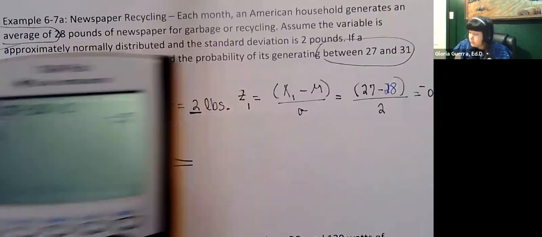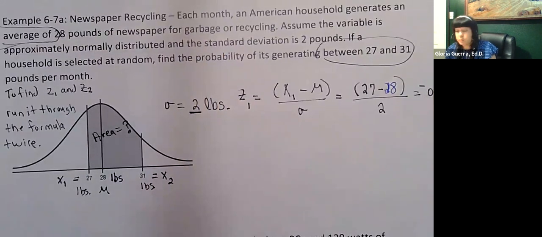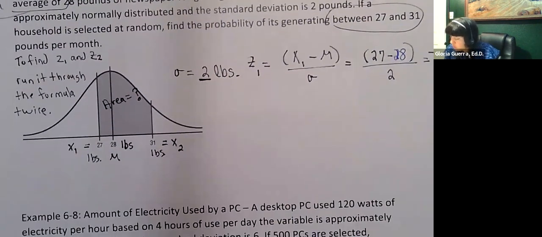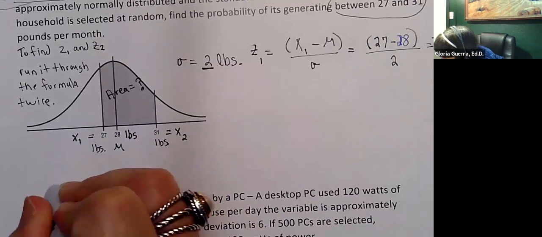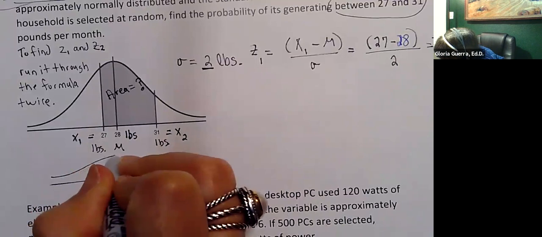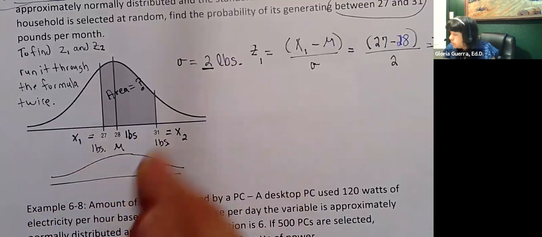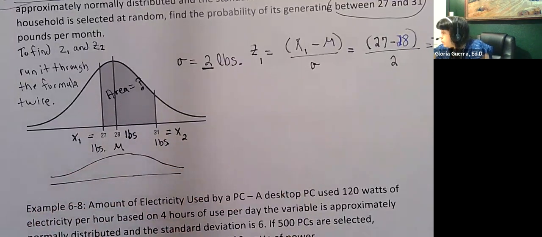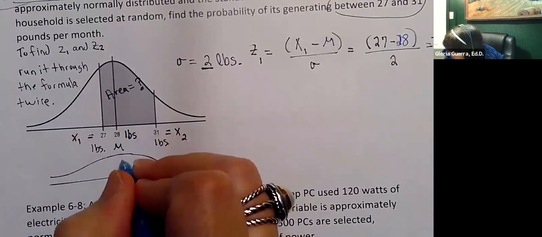And so I'm going to draw a new picture. You see how they didn't put the new picture? So they want you to draw your new picture. So your new picture would look kind of like this. Put the mu in the middle here.